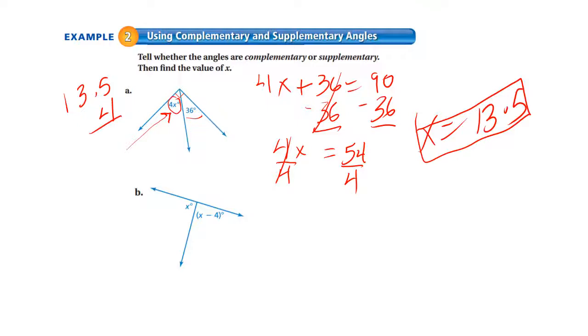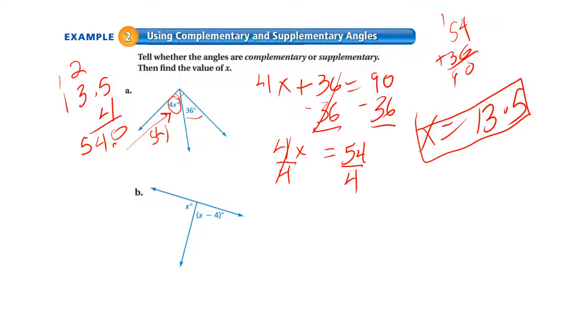So let's go ahead and multiply. Okay, and I move my decimal one place. So this means that this missing angle has to be 54 degrees. We can verify: 54 plus 36 should be 90, if we did our math right, and it is. So we just checked our problem too. We know that we got it right.